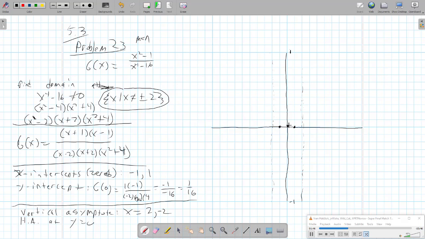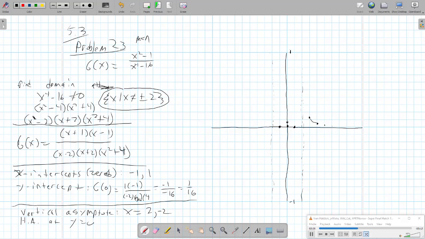That means this point will move there. This is 0.1, so 0.06 is about right here. And then 3 is a little over 0.1, it's 0.12. 4 is 0.06. And it looks like it's tending down towards the asymptote.